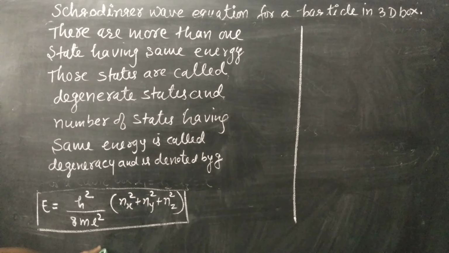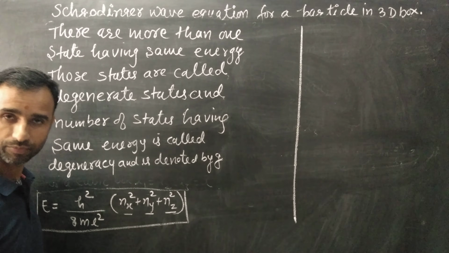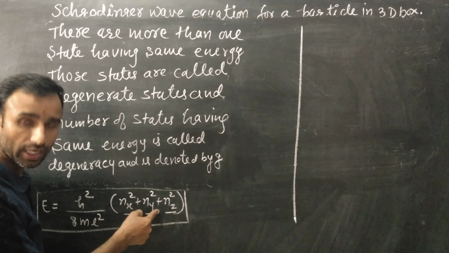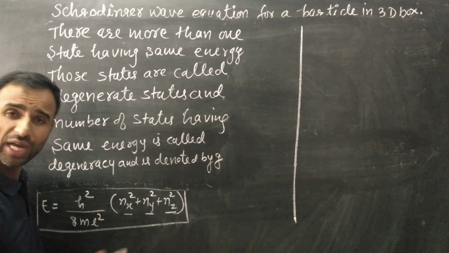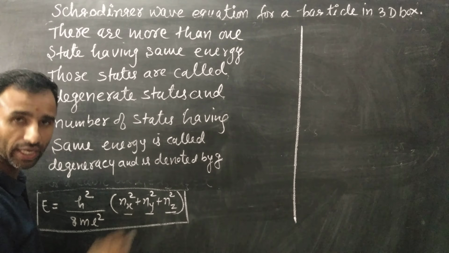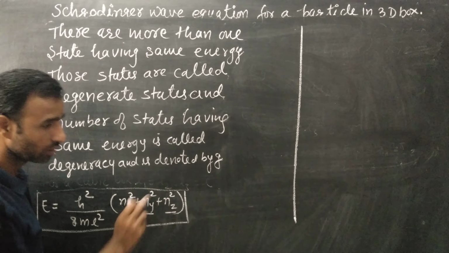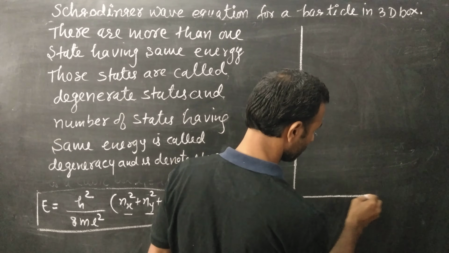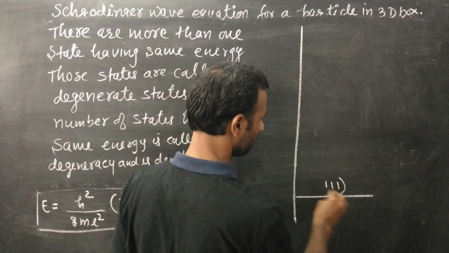It is visible? Yes. Now say nx, ny and nz. These are quantum numbers starting from 1, 2, 3, 4, right? So minimum value of nx, ny and nz is 1. Nx, ny, nz all are 1. Then this is 1, 1, 1.